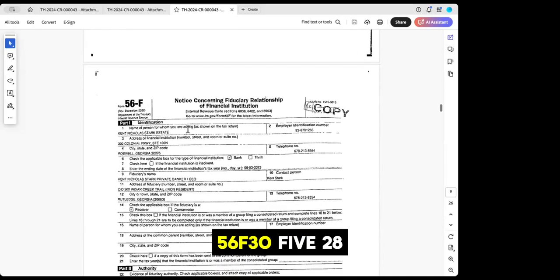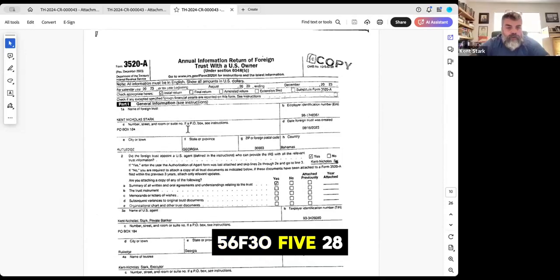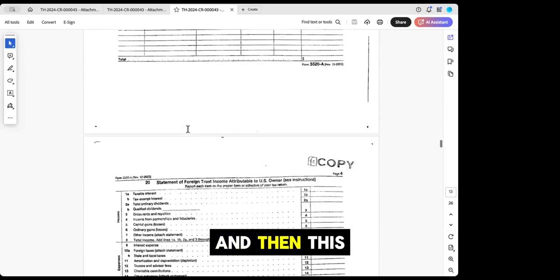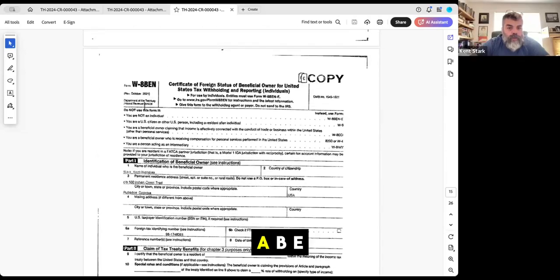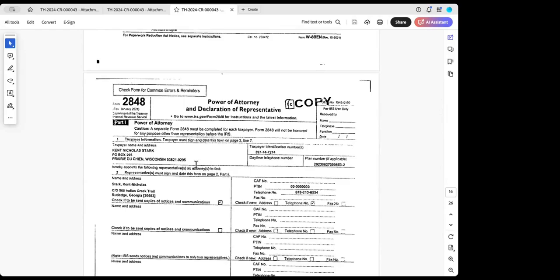This is the 56F. 3520A. And then this is long. The W8BEN. 2848.